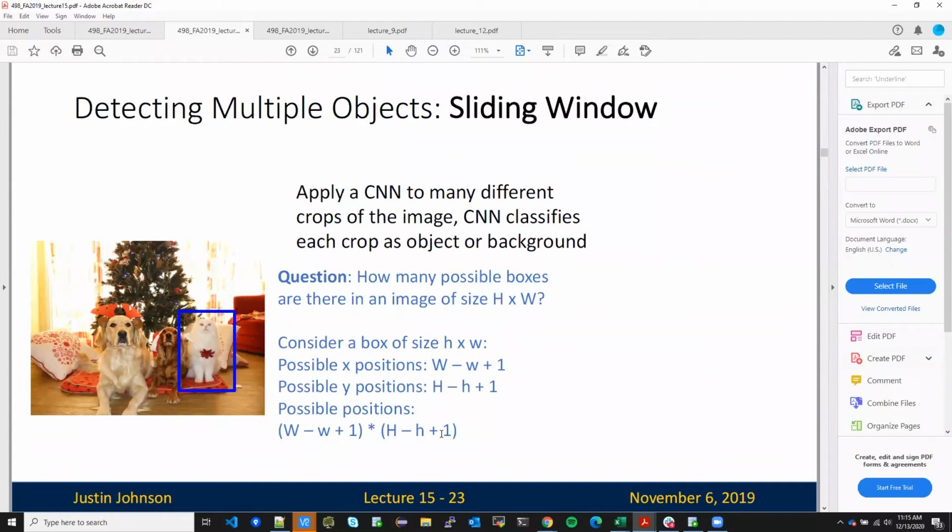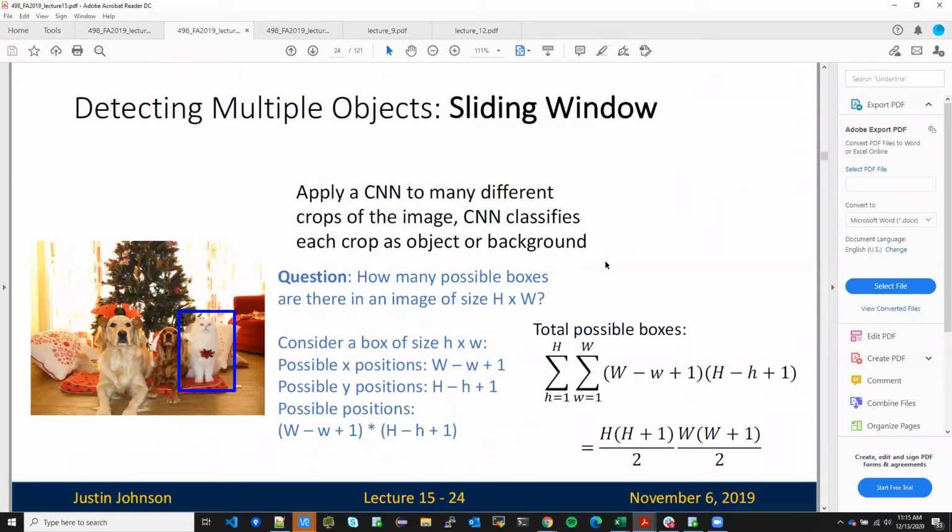But of course, the problem is harder than that. Here we are assuming a fixed box size, but you also need to consider boxes of all possible sizes. So all possible sizes, all possible positions, it comes out to this.